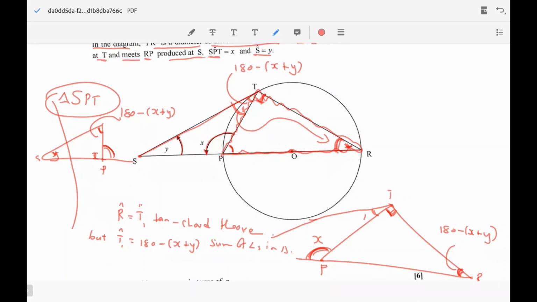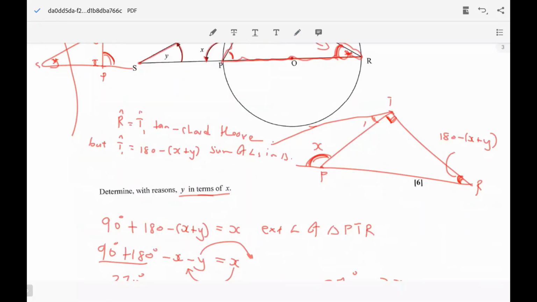And then these two interior angles would definitely equal one exterior angle. So let's move on to our next question.